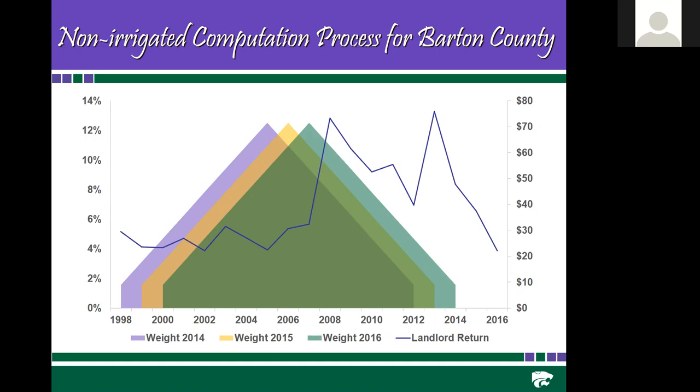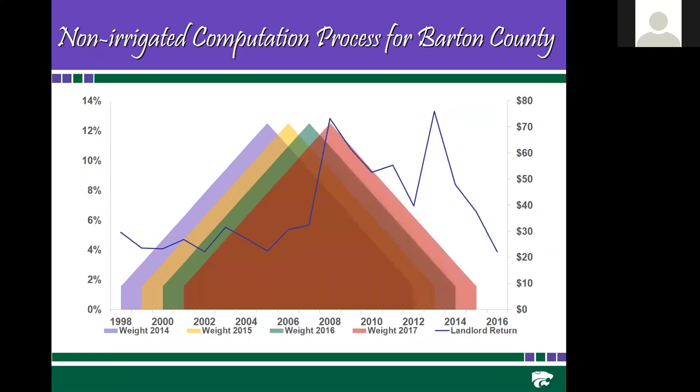You can see we're getting closer to having the major weight on that high number in 2008. And you can again see that those high income years are coming in and carrying more and more weight.